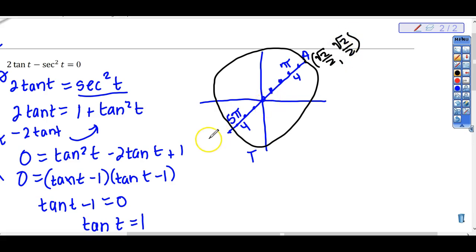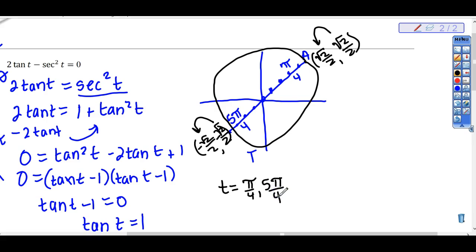And down here, at 5 pi over 4, it's negative square root of 2 over 2 and negative square root of 2 over 2. This is how we know tangent is 1, because tangent is sine divided by cosine, which in that situation is positive 1. So here's what we know: t equals pi over 4 and 5 pi over 4 for the tangent part of that equation.